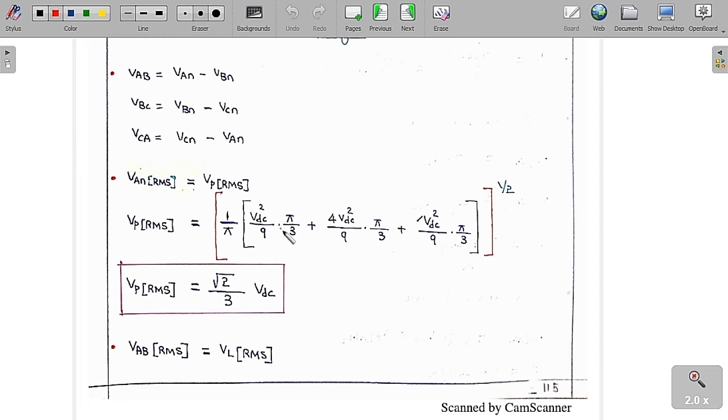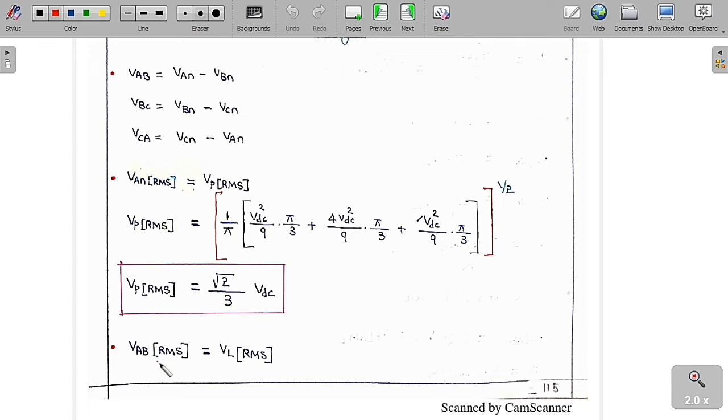So 1 by pi, which is VDC by 3 whole square into 60 degrees plus 2 VDC by 3 whole square into 60 degrees plus VDC by 3 whole square into 60 degrees. So if you solve this one, we are going to get the V phase RMS value is equal to root 2 by 3 into VDC. So this is the phase voltage RMS value, which is root 2 by 3 into VDC.